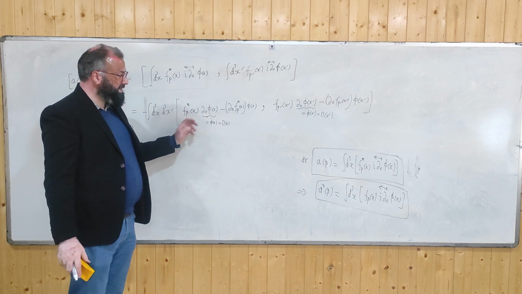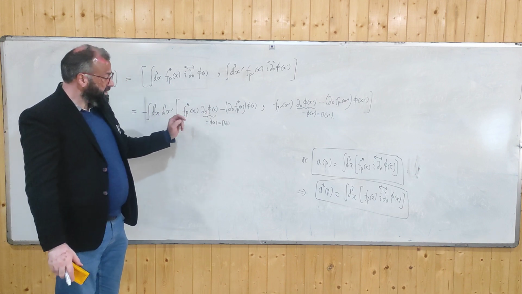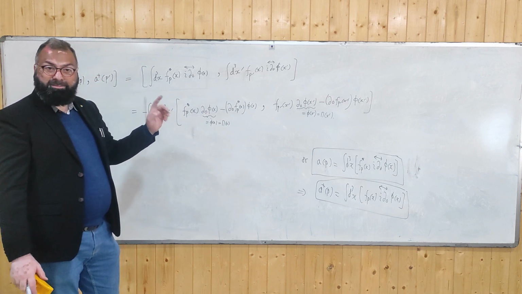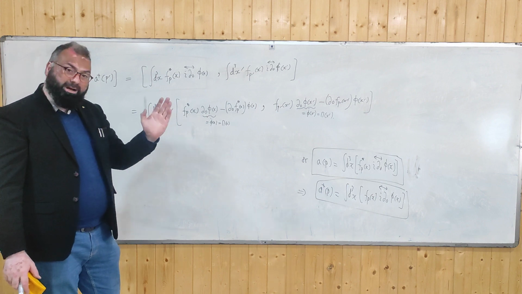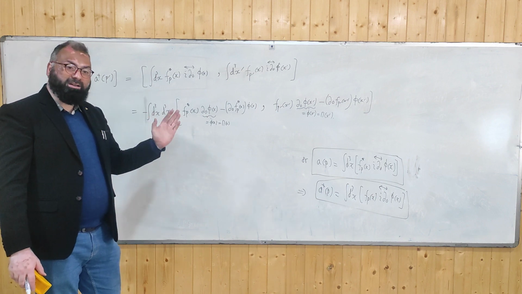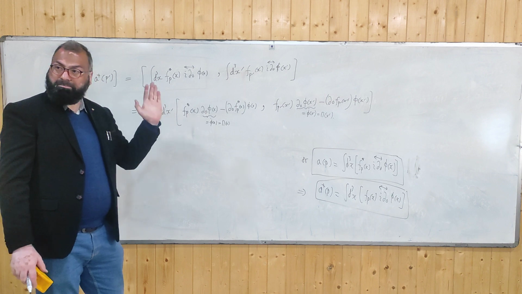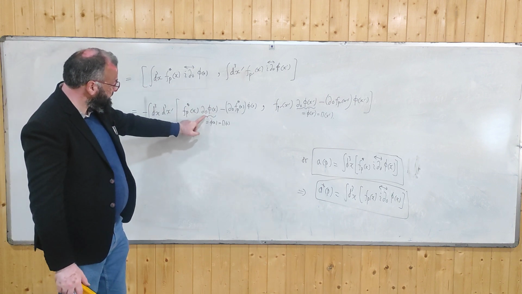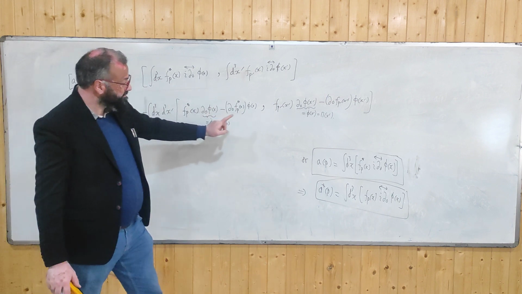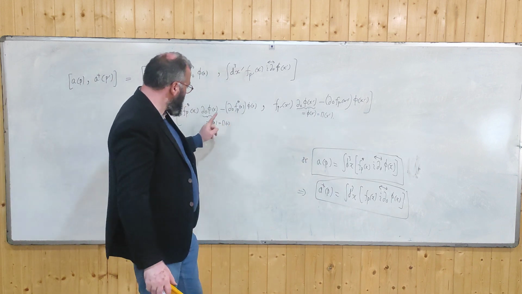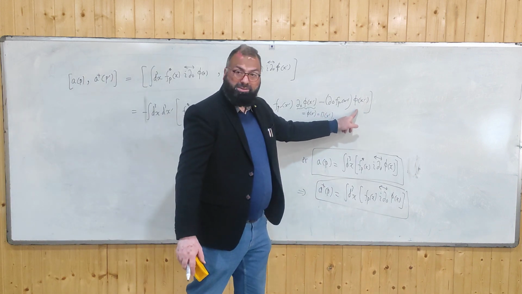Now let's look at the commutator. We know the commutator between phi and phi is 0, pi and pi is 0, and the only non-zero commutator is between phi and pi. So if you have pi here and pi here, it will be 0. You have pi here and phi here, so that's non-zero.